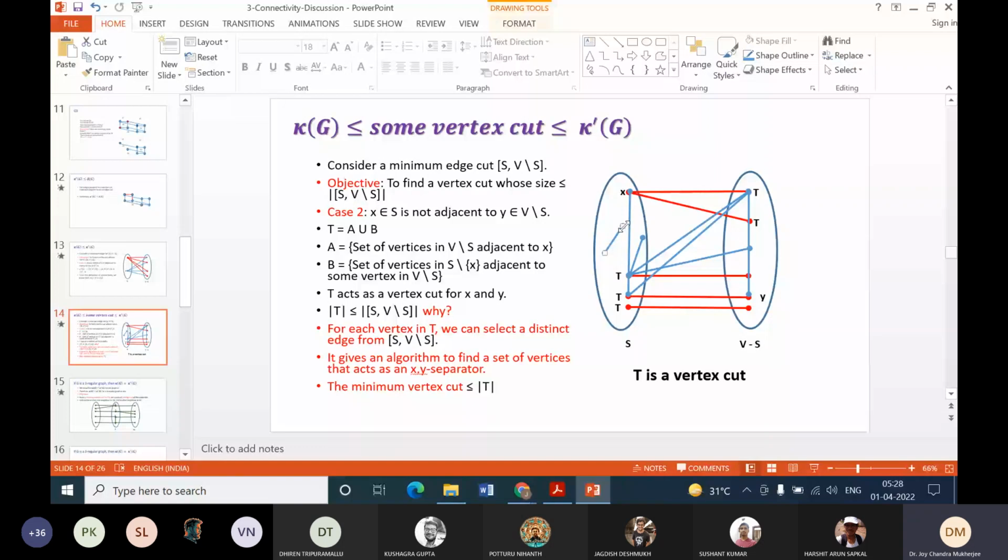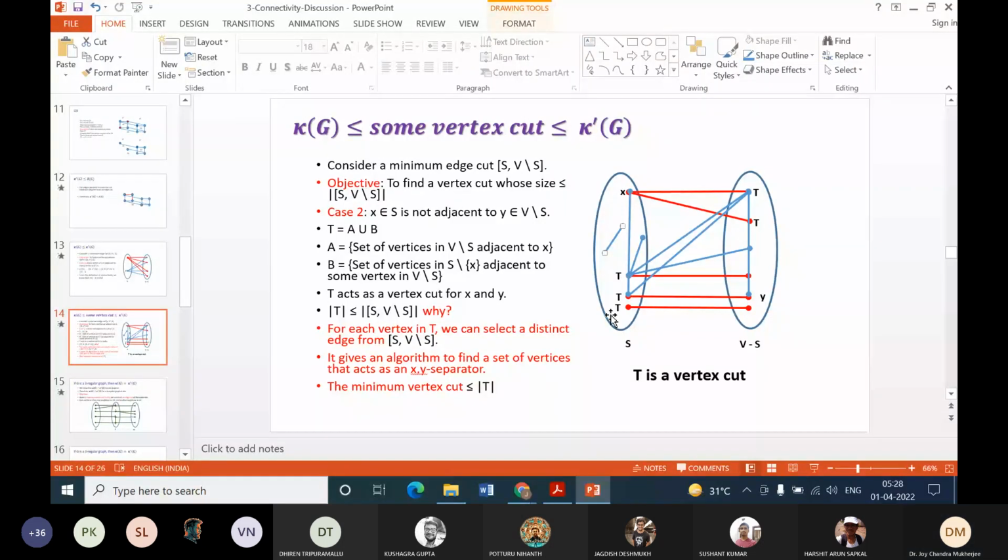So they don't belong to B. But why is this in T? Because they are adjacent to some vertex from here. We will consider this vertex also. This vertex is adjacent to some vertex here. This vertex is also adjacent to some vertex here. This vertex is also adjacent to some vertex here.